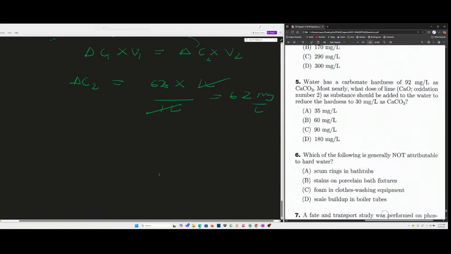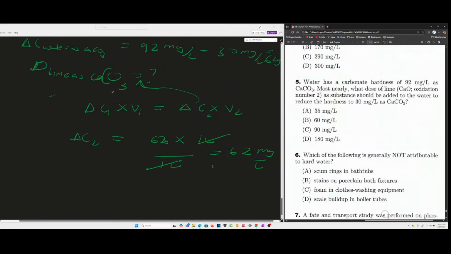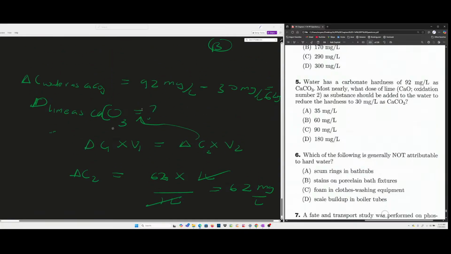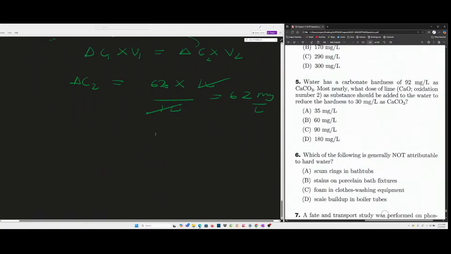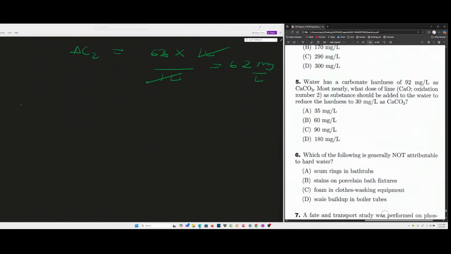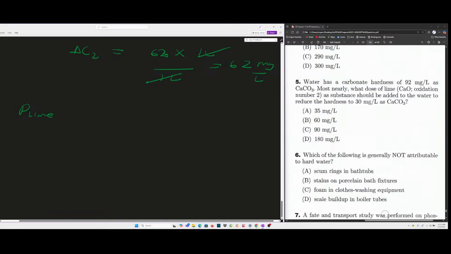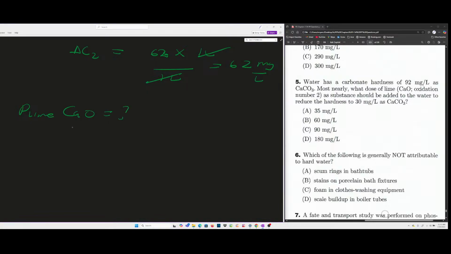We have the dosage of lime in CaCO3, and we're looking for the dosage of lime in CaO. So we're looking at the dose of lime per liter in CaO. We already have the dose of lime in CaCO3, which is 62 milligrams per liter.